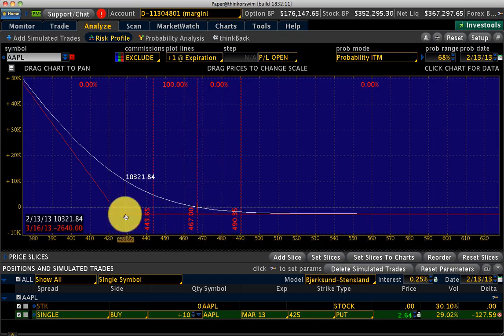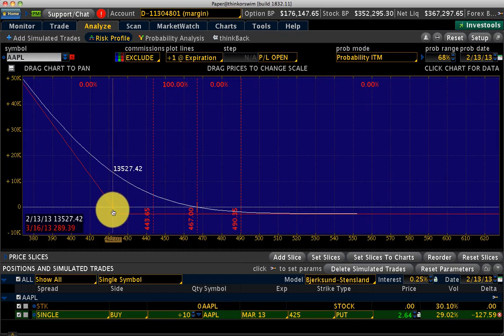However, for this option to be profitable, Apple has to move from 467 all the way down to 425, and then you can see the line changes direction. So we have a strike here, and that's at the strike price of 425, and it has to move by an amount of the premium. So the strike price minus the premium, your break even is going to be about $422.